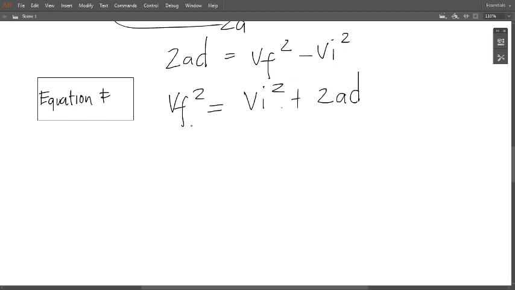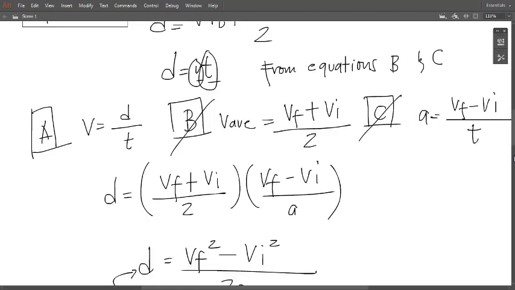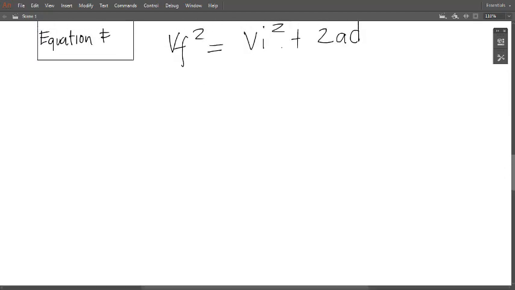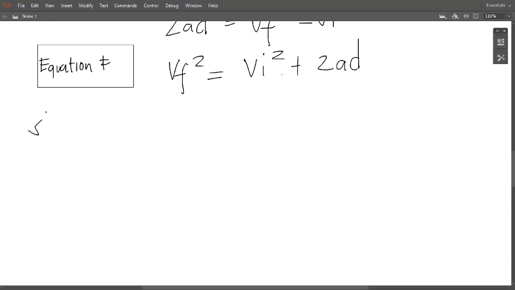So for us to apply these derived equations, let us have a word problem. Let us have sample number 1.